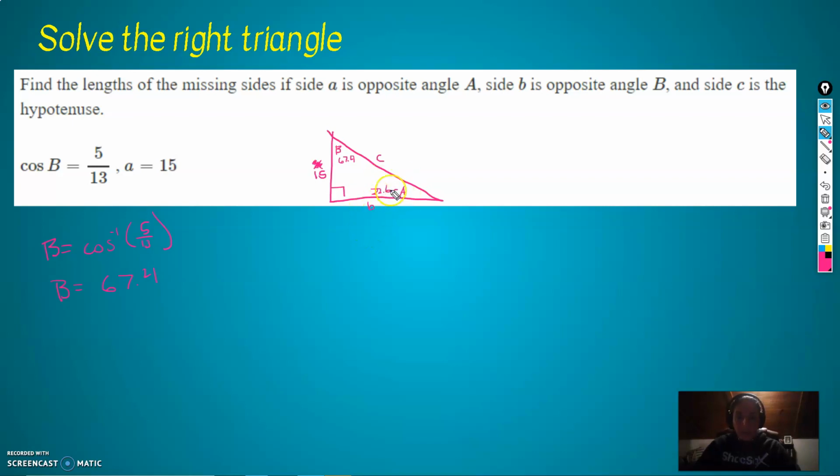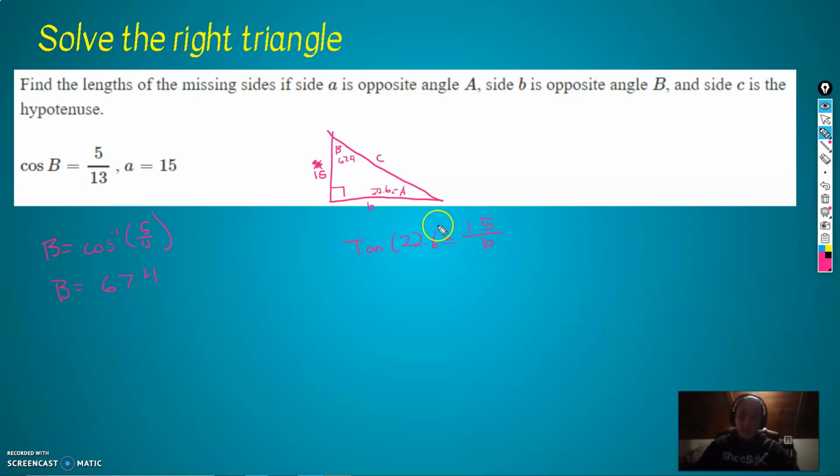Well, I'm going to use this angle here, and I'm going to use my opposite and my adjacent. So who is opposite and adjacent? Well, tangent is. So tangent of 22.6 will give me the opposite side, which is 15, over the adjacent side, which is b.